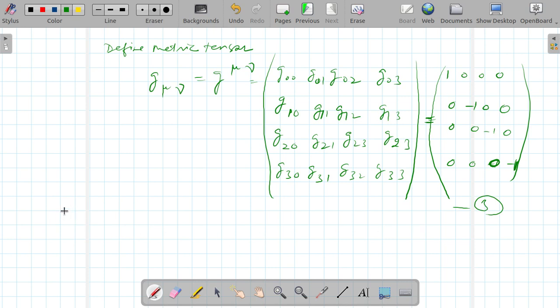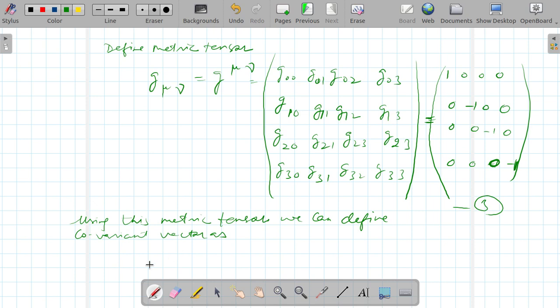Using this metric tensor, we can define the covariant vector as x mu equal to g mu nu x nu, with summation over nu varying from 0 to 3.